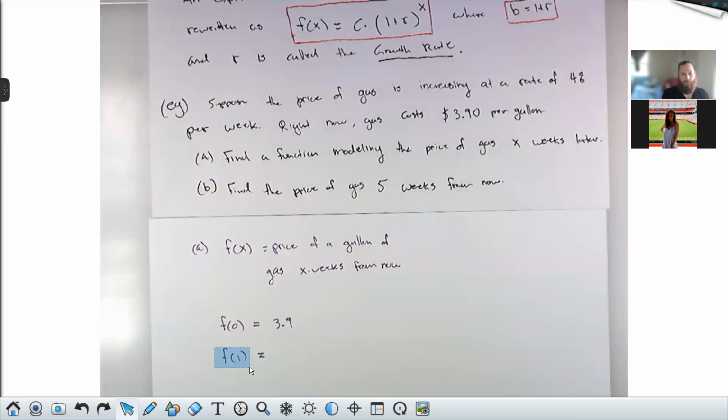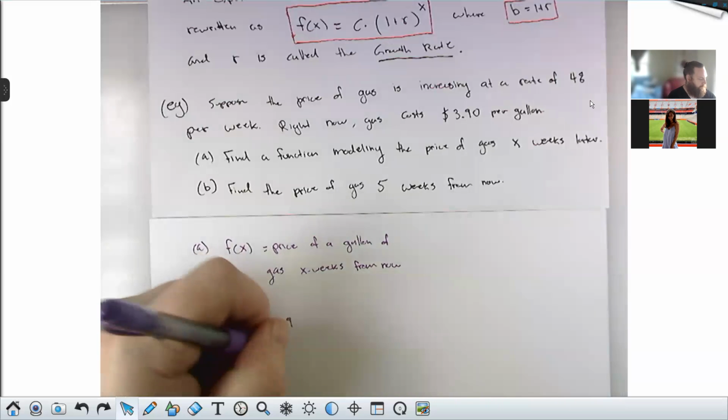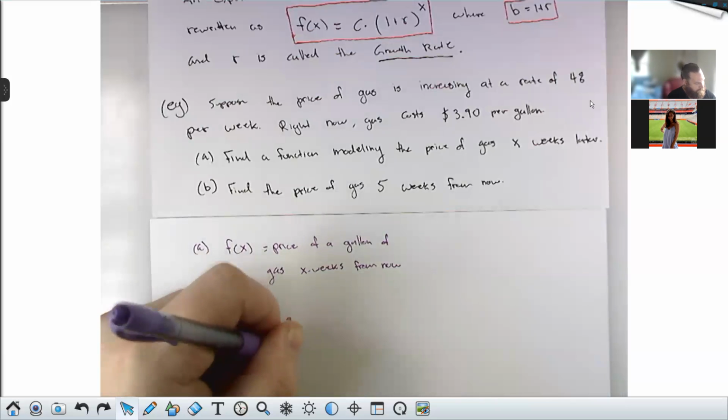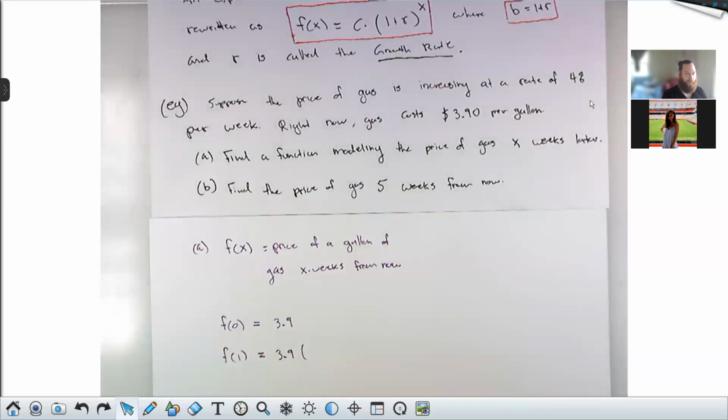f of 1 would represent the cost of gas 1 week from now. And I was told that gas prices are increasing at 4% per week. So what number do I need to multiply 3.9 by in order to get that price to go up by 4%? This is going to be 3.9 times what?